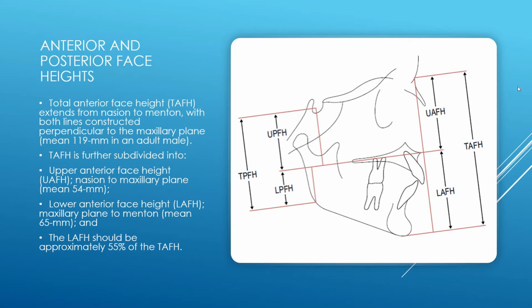TAFH is further subdivided into upper anterior facial height and lower anterior facial height. Upper anterior face height, UAFH, extends from nasion to maxillary plane, and the average mean of its height is 54 millimeters.